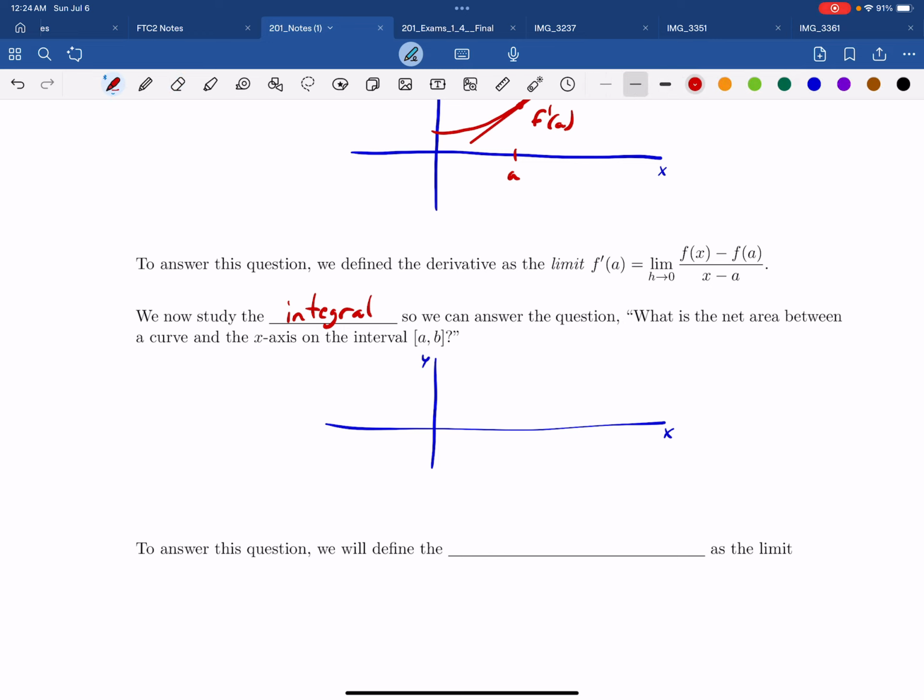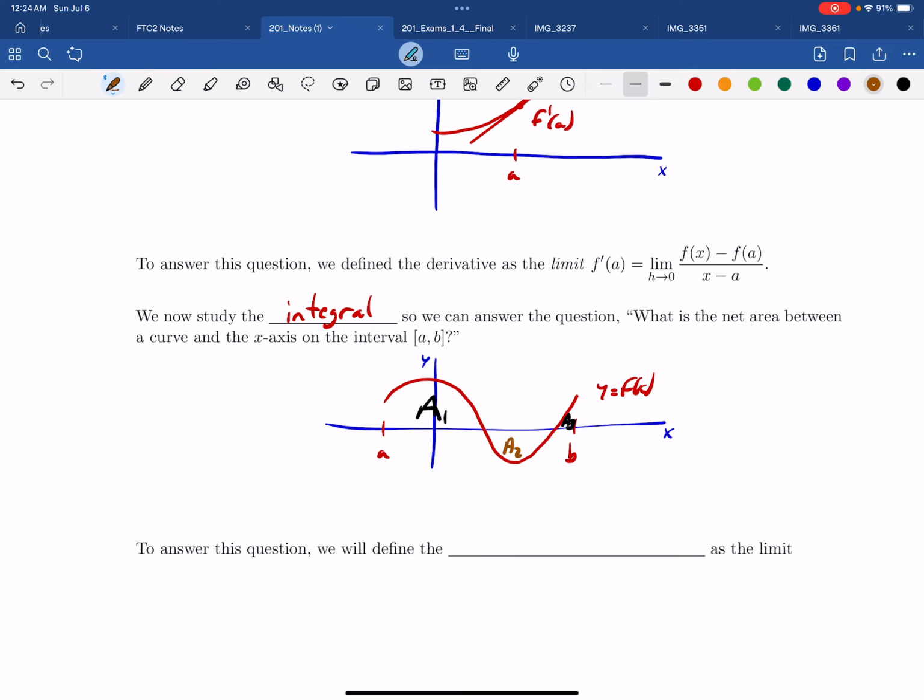Well, let's look at this. If we have a curve on some interval a to b, and maybe it goes like this, this is y equals f of x. If we label this region a1, this one a2, and this one a3, actually let me label a2 in brown.